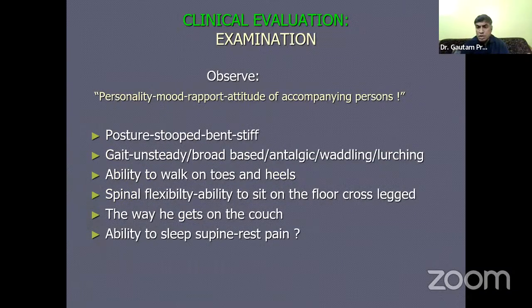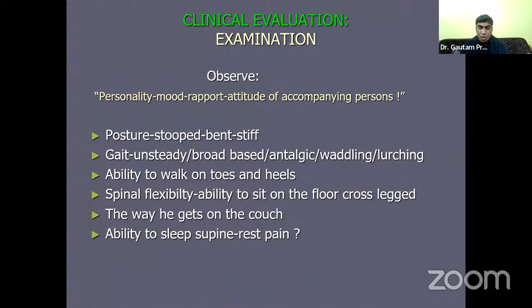Once we have gone through the history, then do the clinical examination. Look at the stance of the patient, how the patient stands, whether the patient is bent forward, and how the gait is. Usually lumbar canal stenosis patients tend to bend forward because in flexion the canal space increases marginally and that increases the vascularity, so they tend to walk crouched forward.